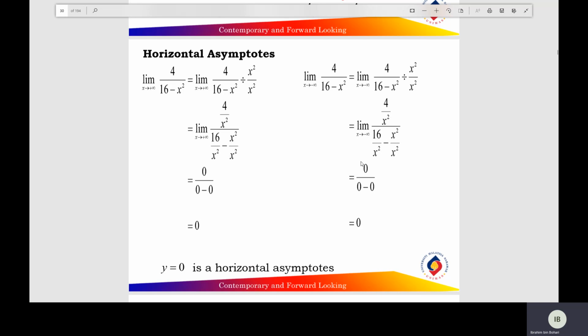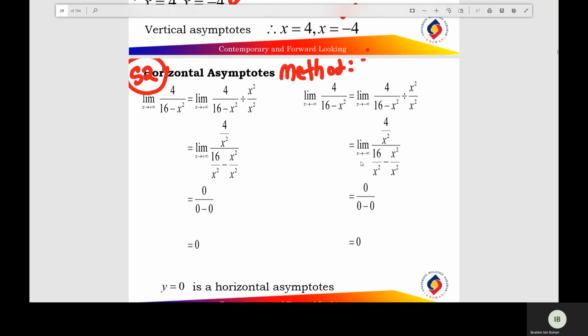Okay, step 2, you find the horizontal asymptote of the rational function using the limits at infinity.